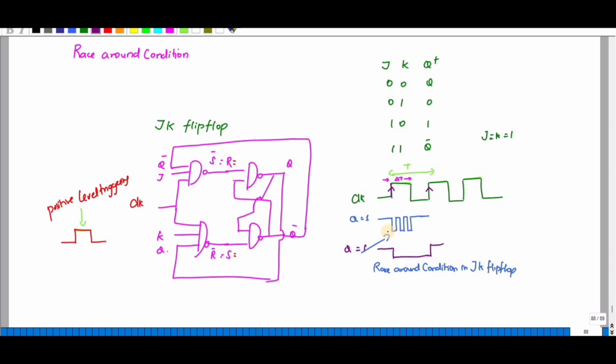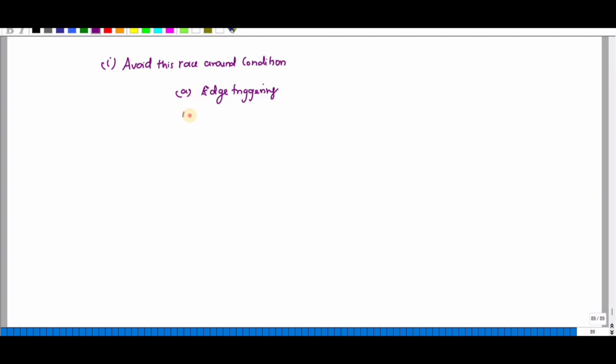The second way is by choosing the value of Tp to be less than del t. Tp is the propagation delay. What is propagation delay? If I give the input and the clock, the device processes the values and they reach the output.